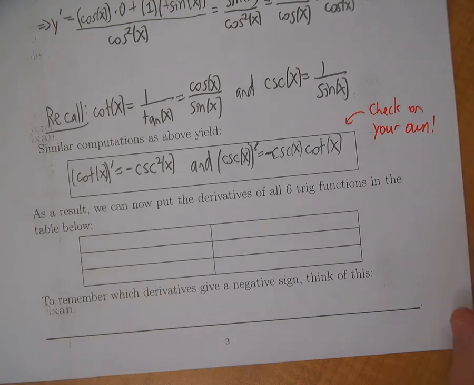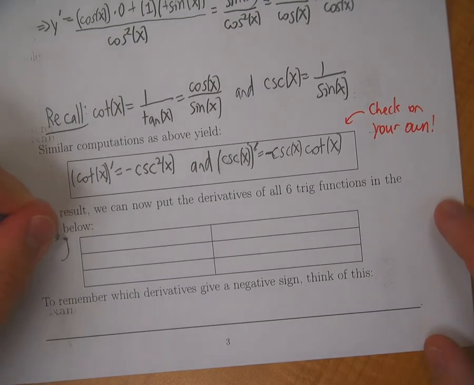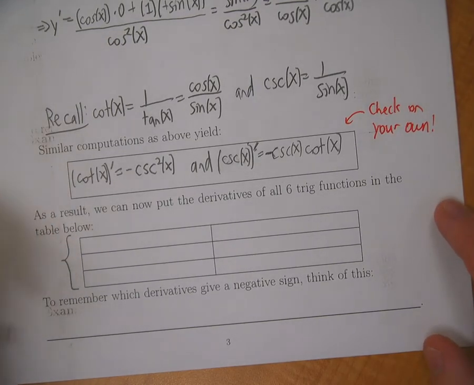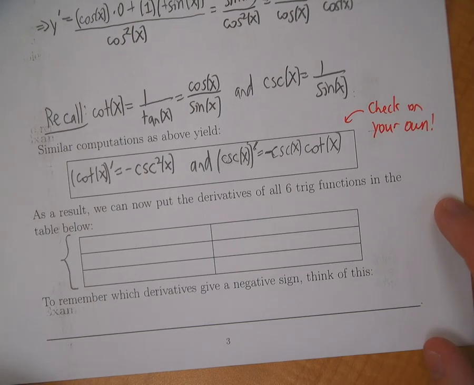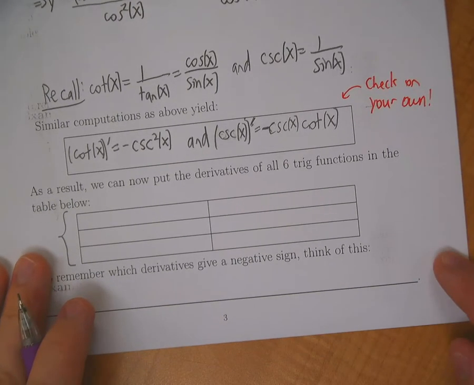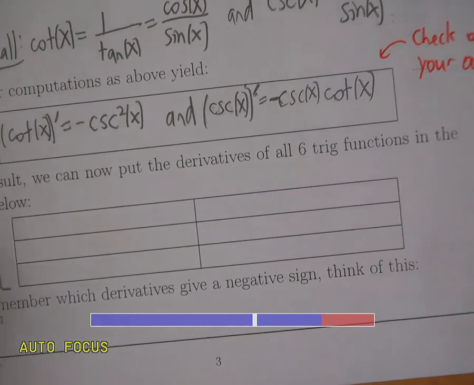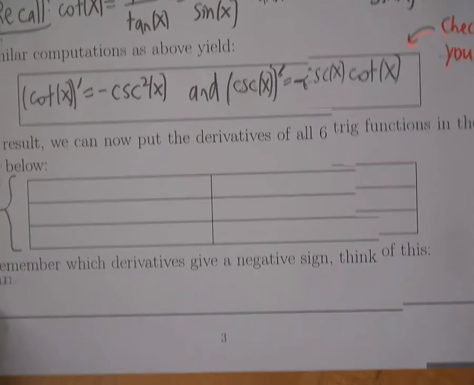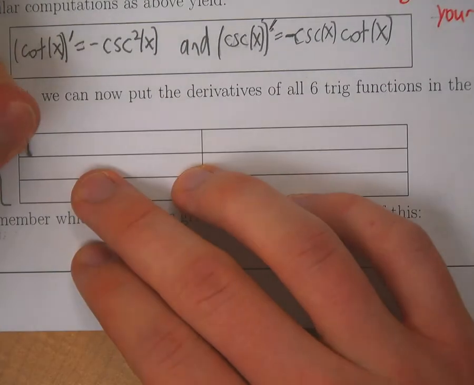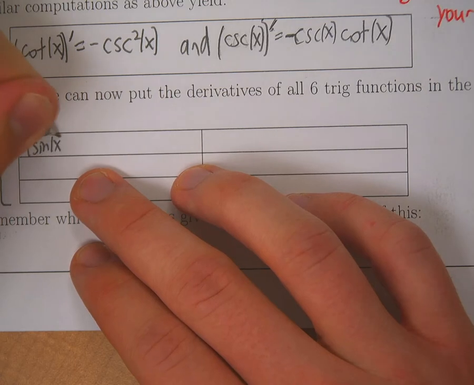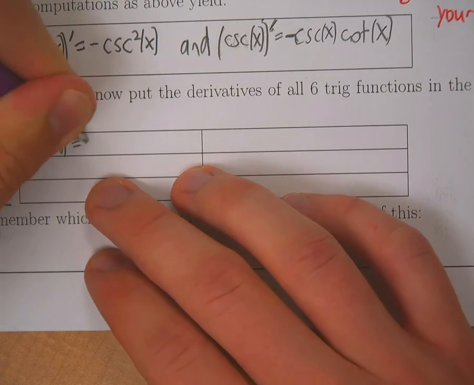So from this, if we put everything together, let's create this little table that gives us the derivatives of all 6 trig functions. I'm going to zoom in a bit so you can see more clearly. We have sine of x, the derivative of that is cosine.